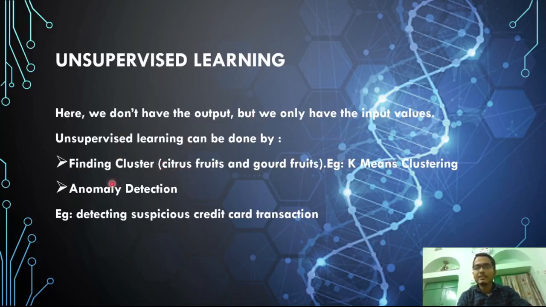Anomaly detection is used for detecting suspicious credit card transactions. For example, using machine learning you can track the daily transactions of a person who withdraws money from his account.